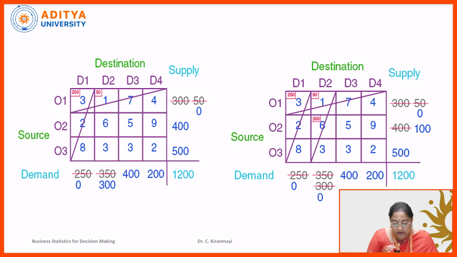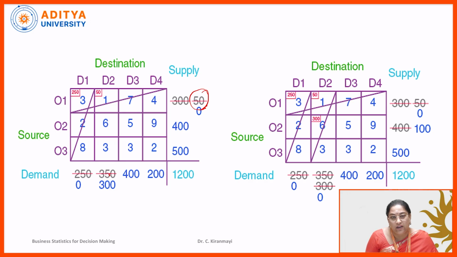How many units are demanded for D2? It is 350. And for first row, how many units are left over for first origin? 50 are left over. So, 350, 50, whichever is lesser, that many units we have to allocate. 50 is lesser, therefore, assign 50 units to that particular cell.